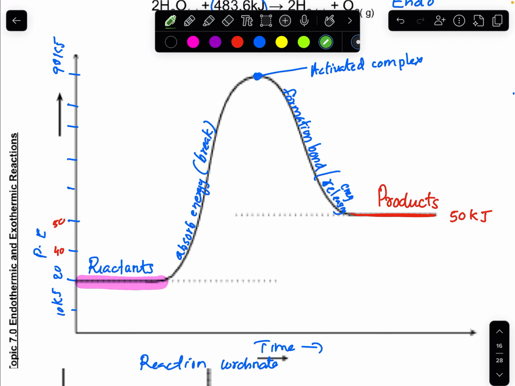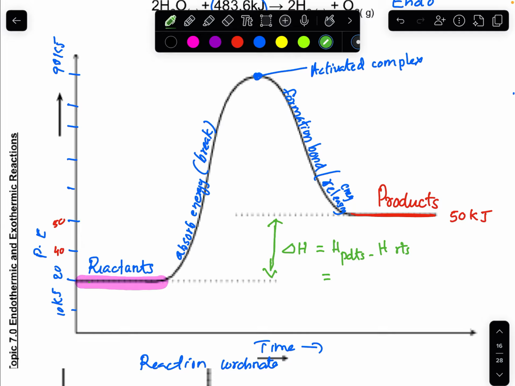If you want to find the enthalpy change for a reaction, this is the enthalpy of formation of products and this is the enthalpy of formation of reactants. Their difference, this line, the difference between products and reactants, is called enthalpy change. So enthalpy change is enthalpy of products minus enthalpy of reactants.